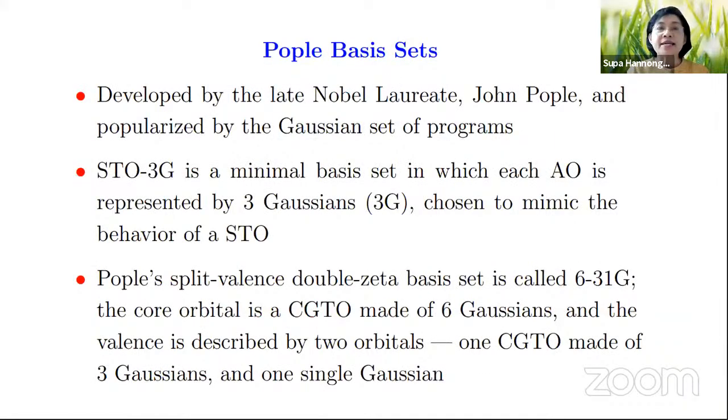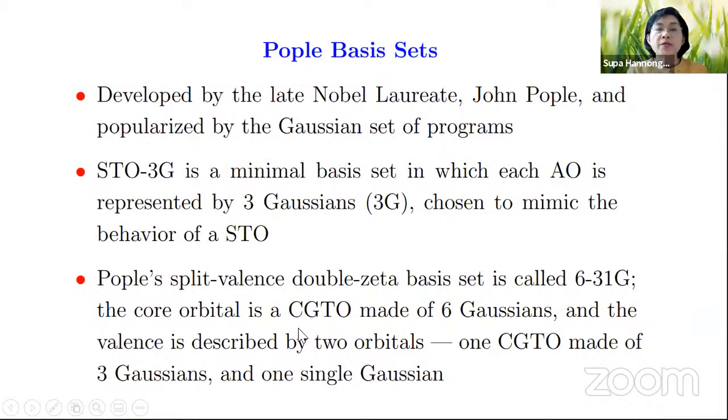In this case, I would like to mention that the Pople basis set, as I said, STO-3G is a minimal basis set in which each atomic orbital is represented by 3 Gaussians, 3G, chosen to mimic the behavior of the STO. And the Pople split valence double zeta basis set is called 6-31G.